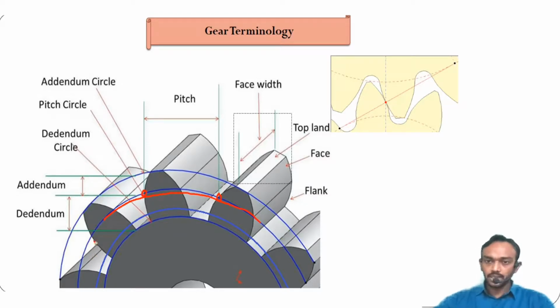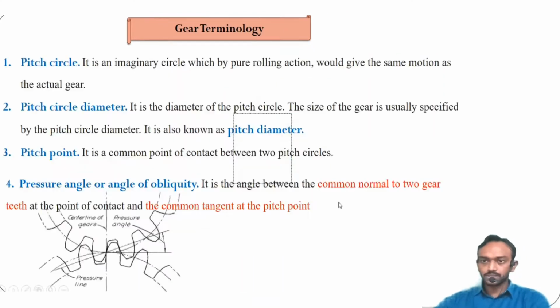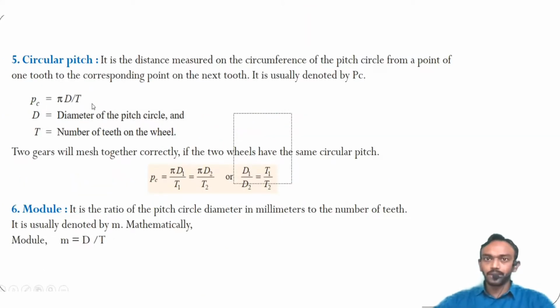Dividing by the number of teeth gives the distance between any two teeth. So the circular pitch is pi d by t, where d is the diameter of the pitch circle and t is the number of teeth.